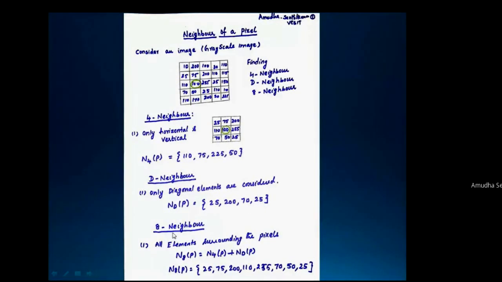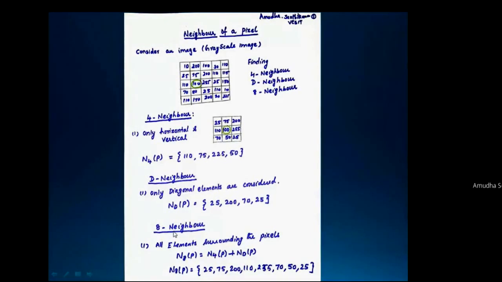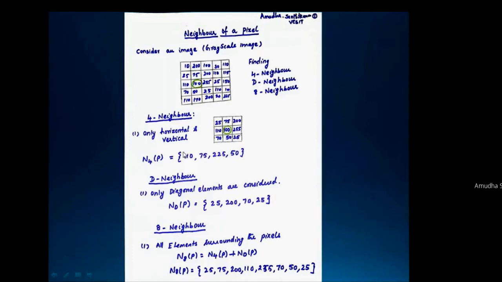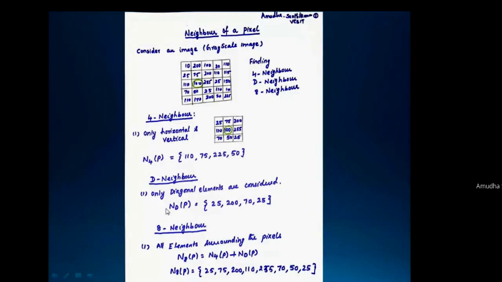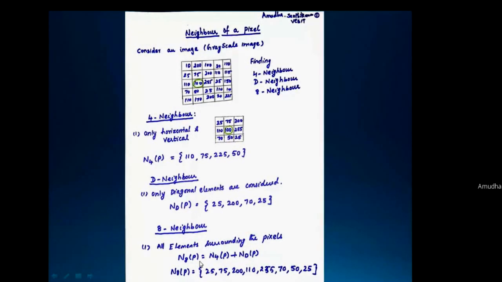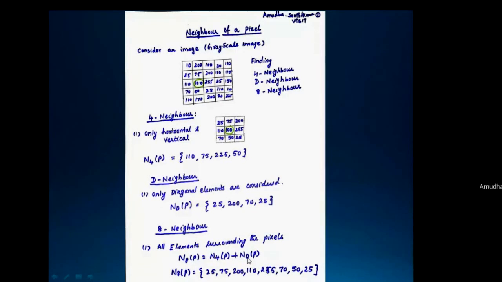Next, we come to 8 neighbors. What are 8 neighbors? 4 neighbors plus diagonal neighbors. All immediate pixel values will come here. If we take 100, we consider the 3 by 3 matrix, and if we leave out that particular pixel, how many elements will be there? 8 elements.